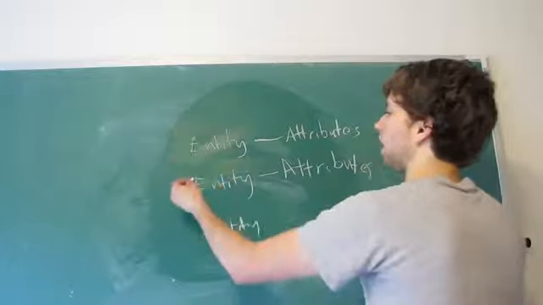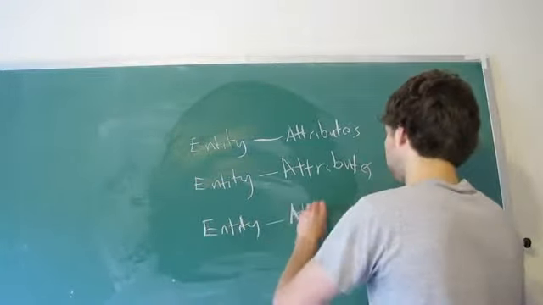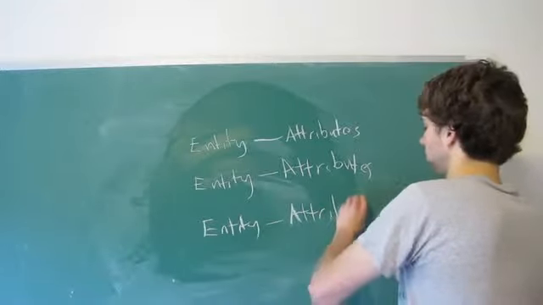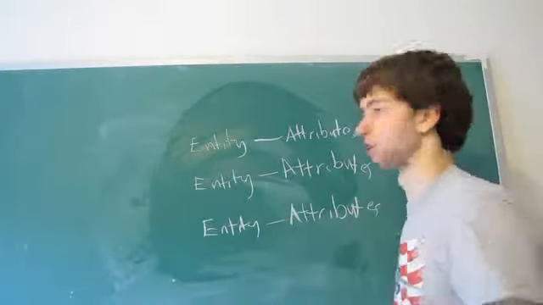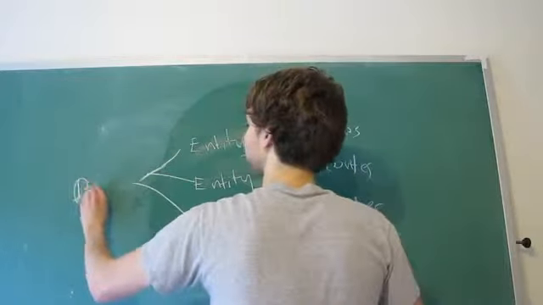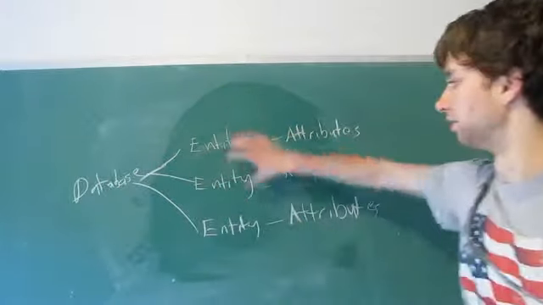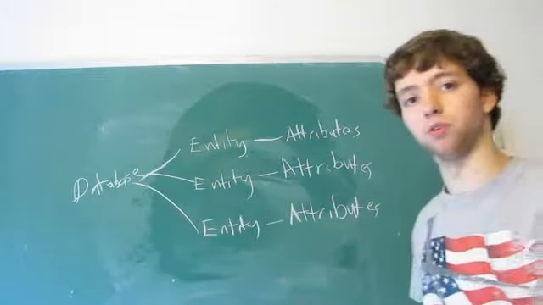So just think student, professor, class. This is all part of our database. So our database structure consists of three entities and attributes about each one of those entities.